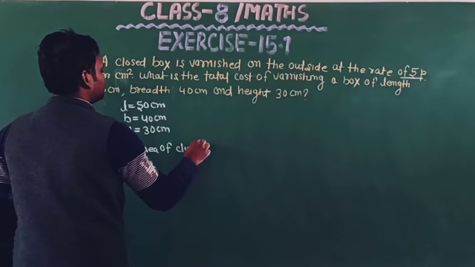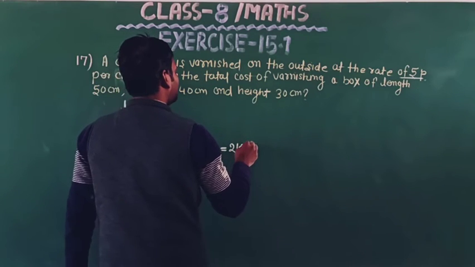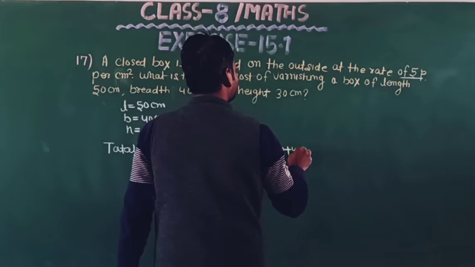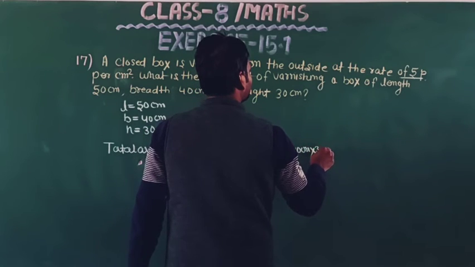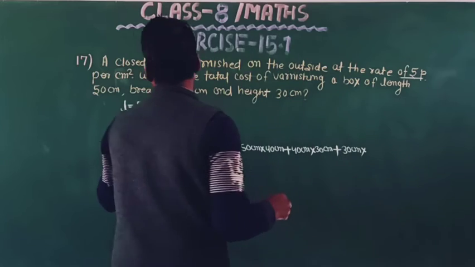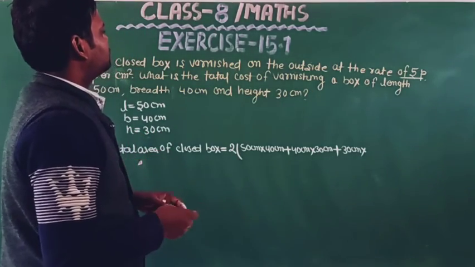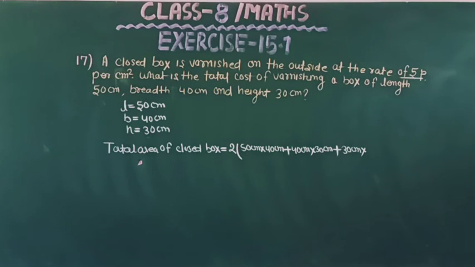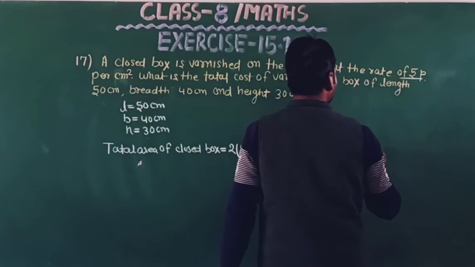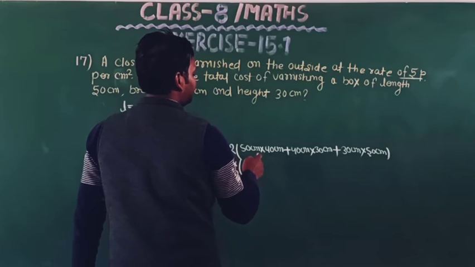This is 2 into (50 cm into 40 cm plus 40 cm into 30 cm plus 30 cm into 50 cm).